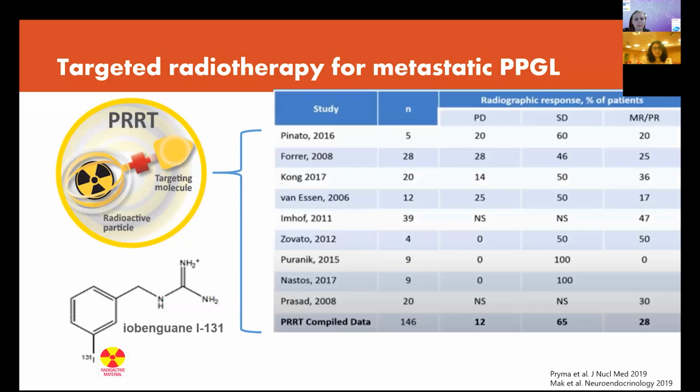And here we have several studies that were performed to see the efficacy of those radiopharmaceuticals in patients with PPGL. So for PRRT, in the majority of the cases, we see the response as stabilization of the tumor growth.